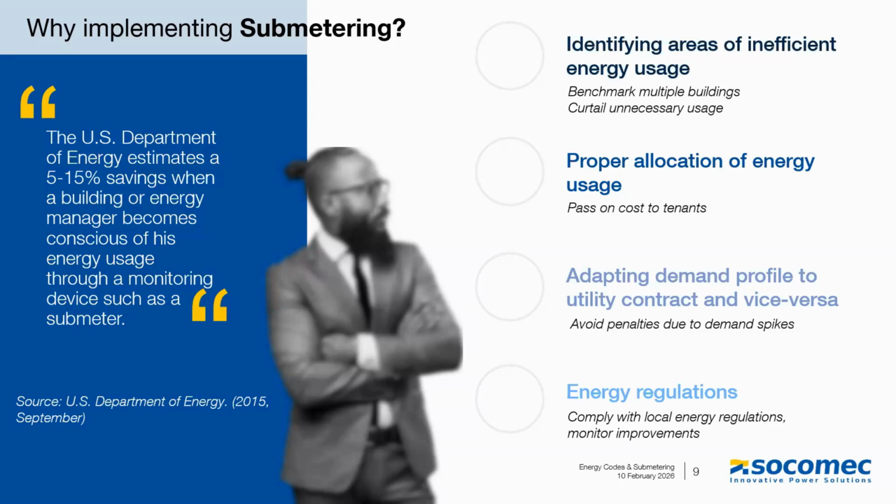So that's some of the goals for implementing submetering, and there's more. At the end of the day, having submetering and being able to identify wasted energy is to save on utility costs as well, to make sure that there's an improvement in the utility cost at the end of the month.